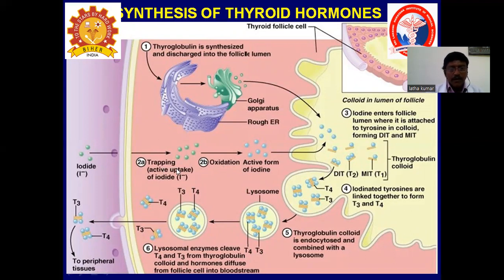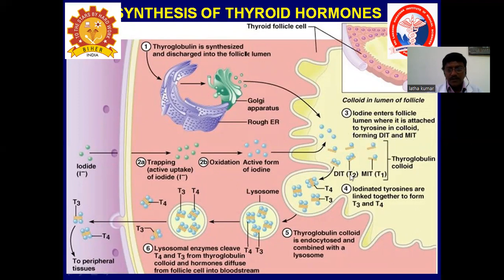So iodide is taken up by the follicles and oxidized to form the active form of iodine. This iodine also enters into the lumen, where it is attached to the tyrosine in colloid, forming diiodotyrosine and monoiodotyrosine.